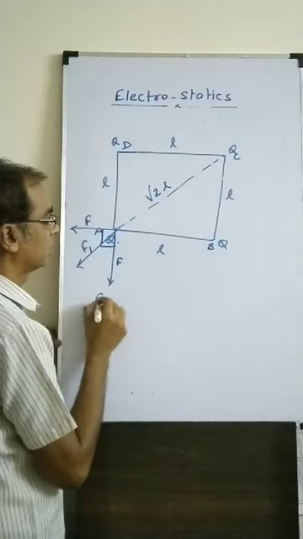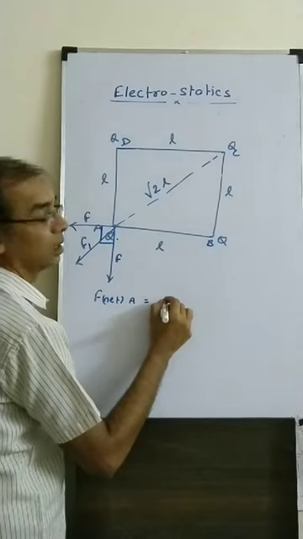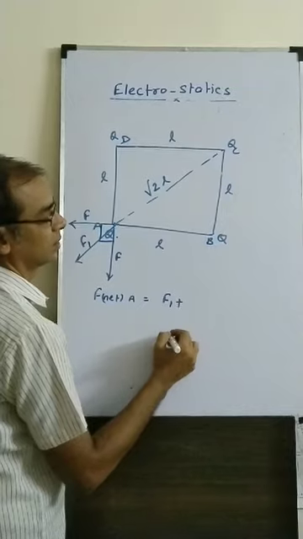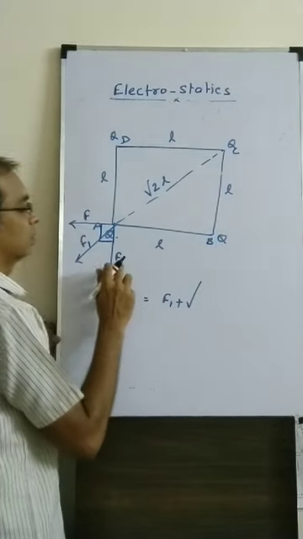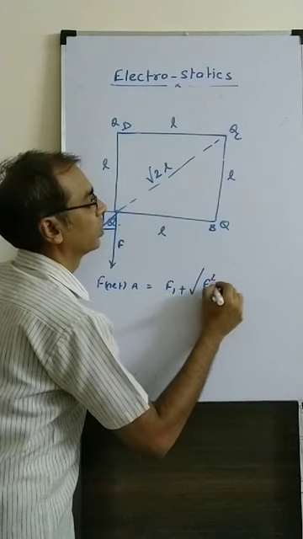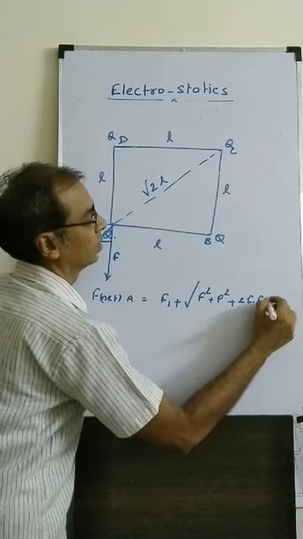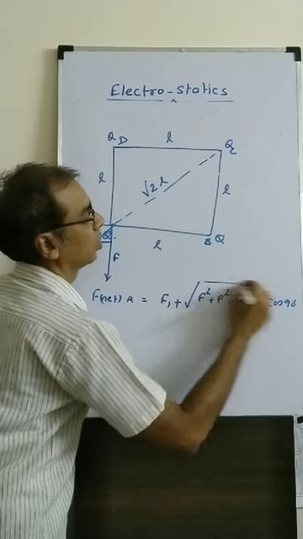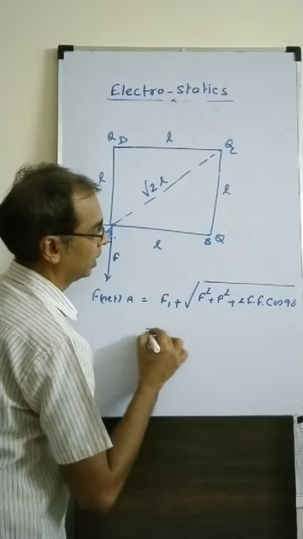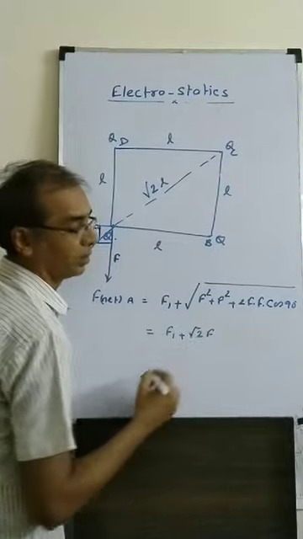So the net force on the charge at A is going to be F1 plus root over F square plus F square plus 2F into cos 90 degrees. Cos 90 means 0, so this factor is entirely 0. So we are getting F1 plus root 2F.